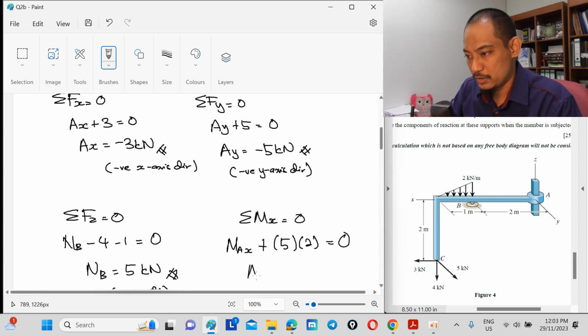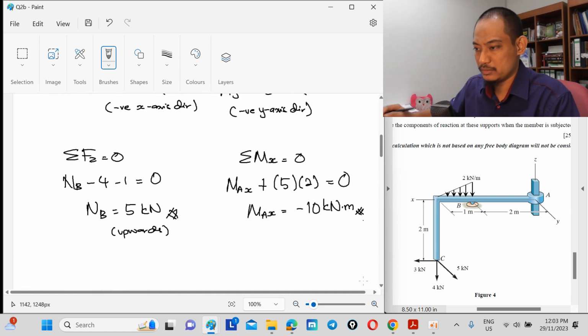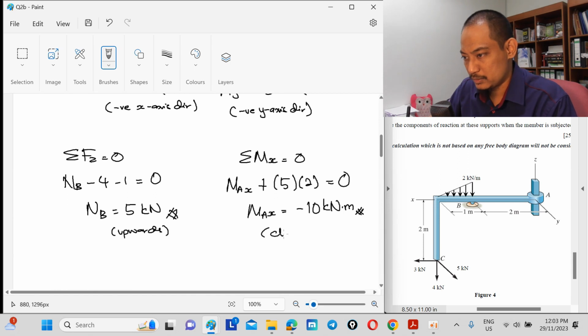So MAX equal to negative 10 kilonewton meter, meaning clockwise about the x axis, right?